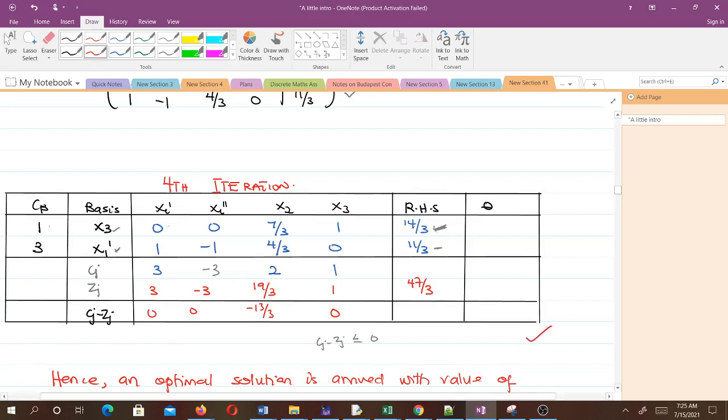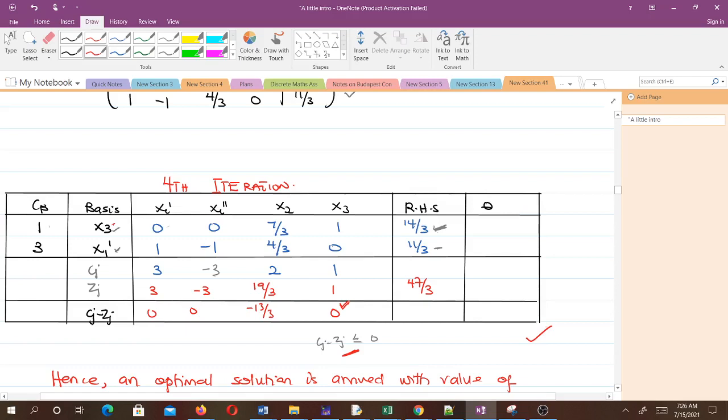Okay, all right. So this is an optimal solution because we are maximizing, and all our cj minus zj are less than or equal to 0. Okay, all right. So you can see that x3 here is a basic variable, and the cj minus zj value is 0. And that is perfect because it has to be so.